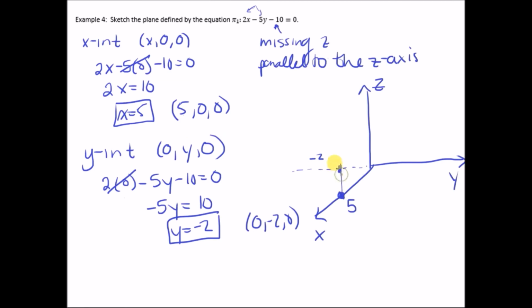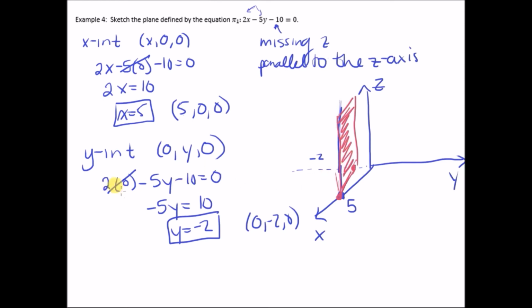Now all we do is connect this, and then we make our plane parallel to that z-axis. Let me put this more on an angle. So 5, and let's put -2 here. Straight up from 5, and then connect to -2.